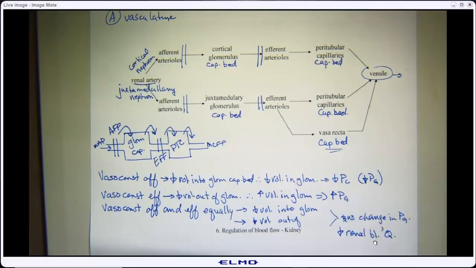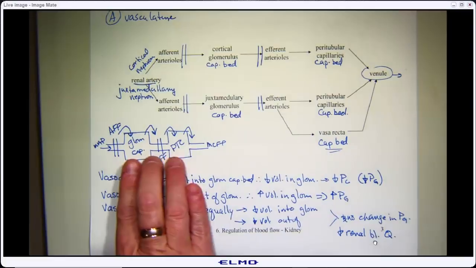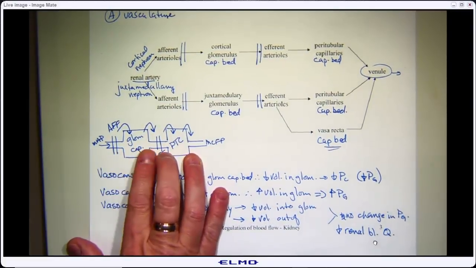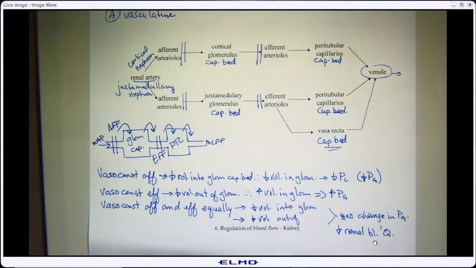Okay, and we know from understanding fluid flux within any other tissue that pressure in the capillary, hydrostatic pressure in the capillary, or in the case of the kidney, hydrostatic pressure in the glomerulus is going to be a big driver of the way fluid moves.